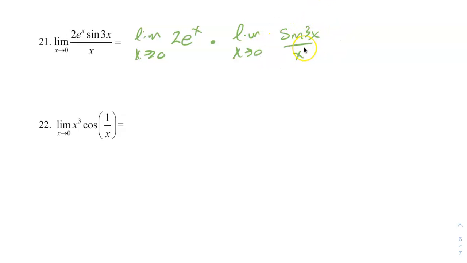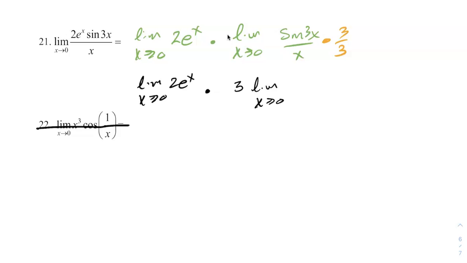So remember the way we fix that to get the trig limit? Multiply both top and bottom by 3, so that I can move the 3 right here, and I can move this to the front. So we're going to get this in our next line. The limit as x approaches 0 of 2e to the x, by the way, we're going to skip this one, something we don't do in AP, times the limit as x approaches 0 of sine 3x over 3x.